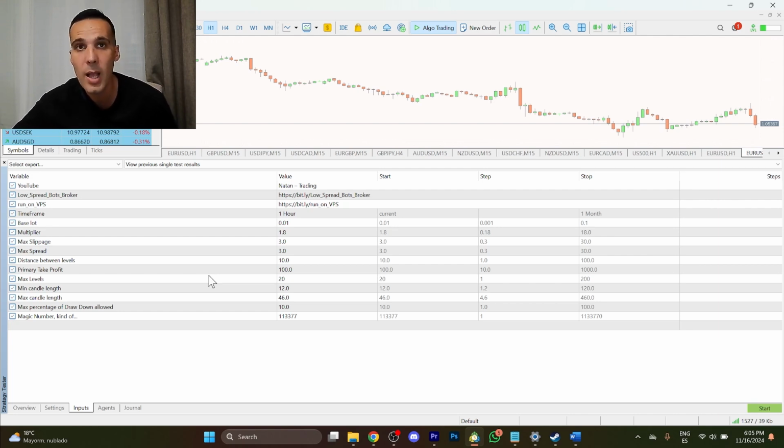That way you can have different results, because maybe you want to adapt the robot to a different pair, or maybe you want to trade gold or Bitcoin. Yes, you can use the robot to trade Bitcoin or gold or any other stock or commodity. You can trade anything with this robot.